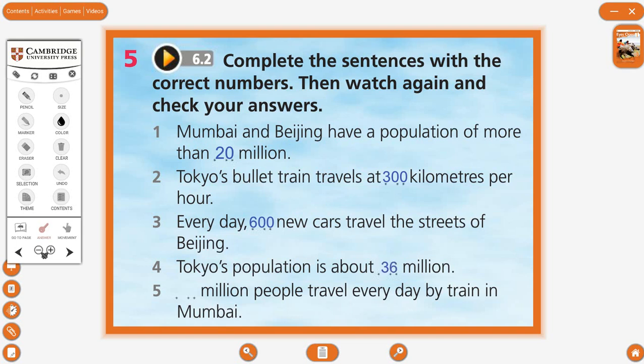That's true. And the last one: blah blah blah million people travel every day by train in Mumbai. How many people travel by train in Mumbai? Do you remember that? 9 people, that's true. Now you can check your answer. Okay, I close this exercise.